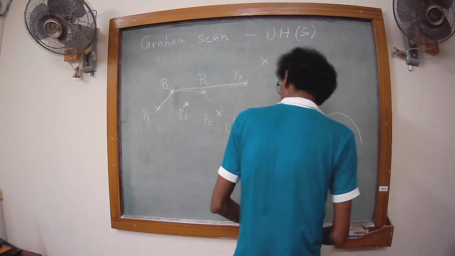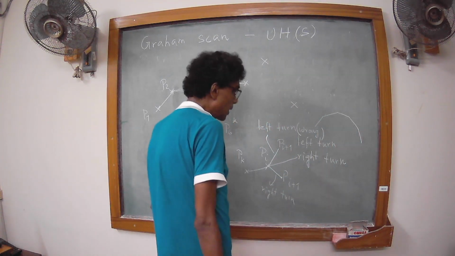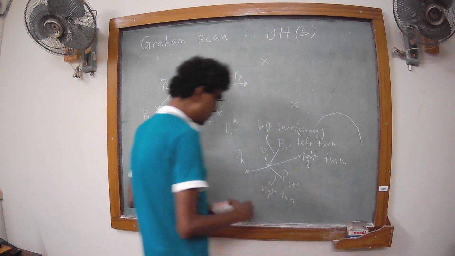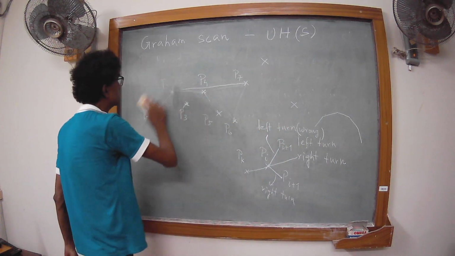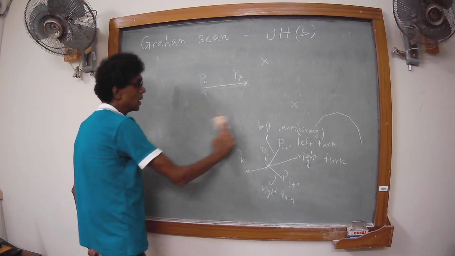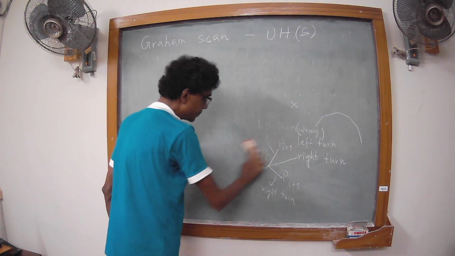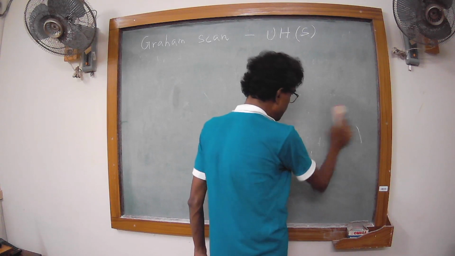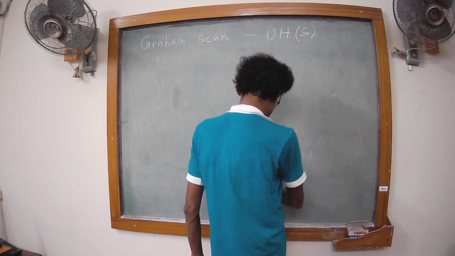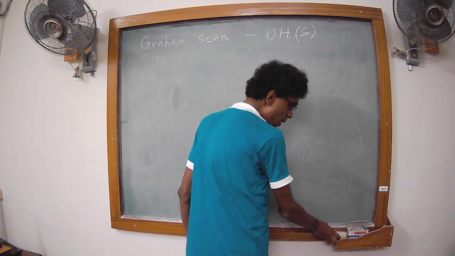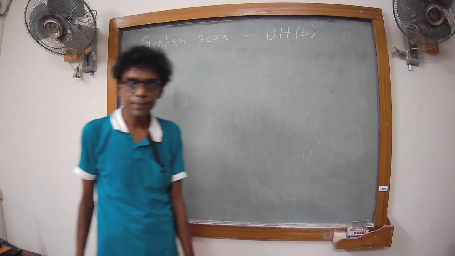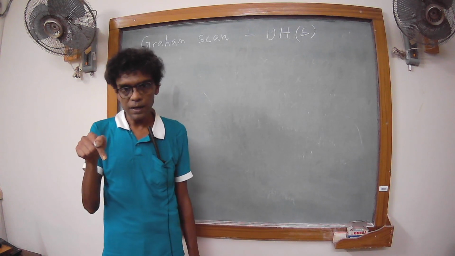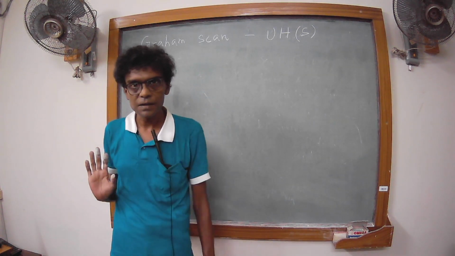So I can give you a pseudo code for this. More importantly, you see that the data structure that fits this context is nothing but a stack. Okay. You first start by pushing P1 and P2 to the stack.